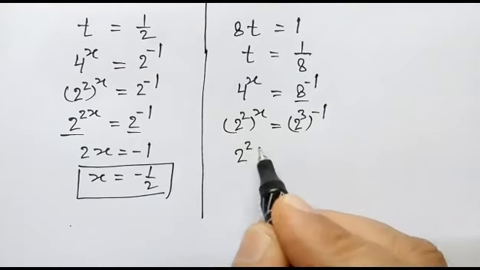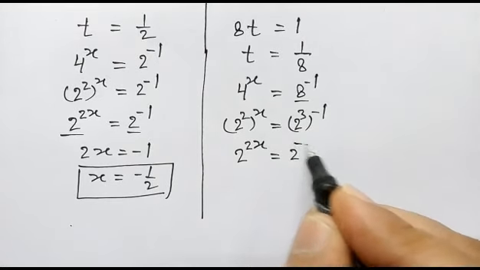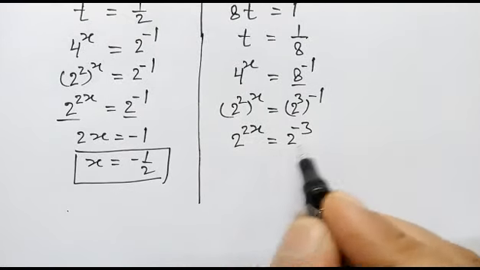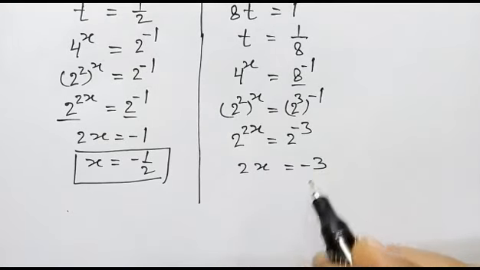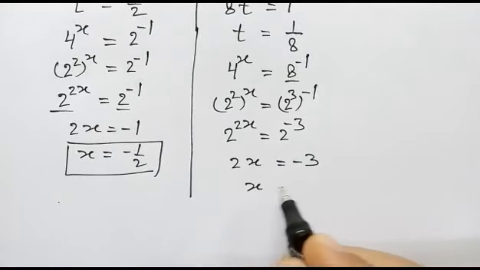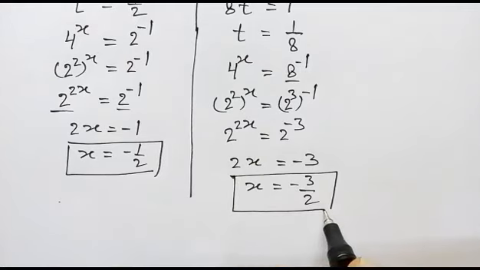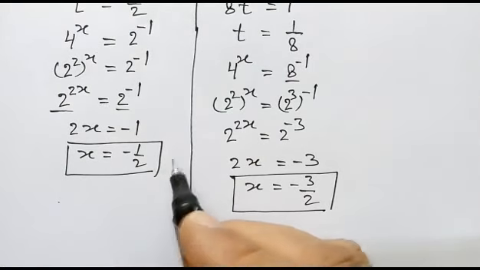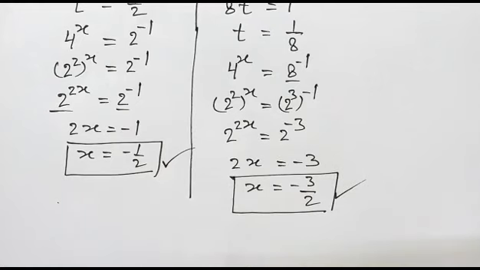So 2^(2x) is equal to 2 to the power minus 3, right? So here same base, 2x will be equal to minus 3, or x will be equal to minus 3 by 2, right? So both the values of x will satisfy the equation, right?